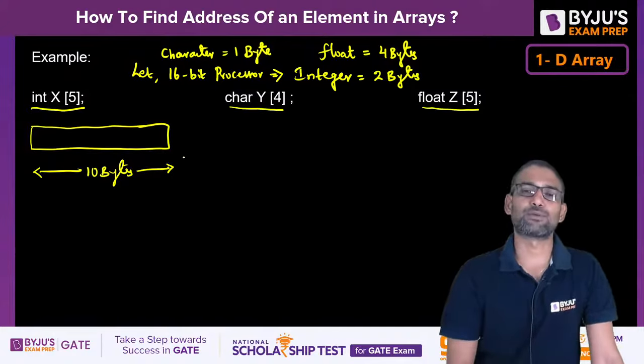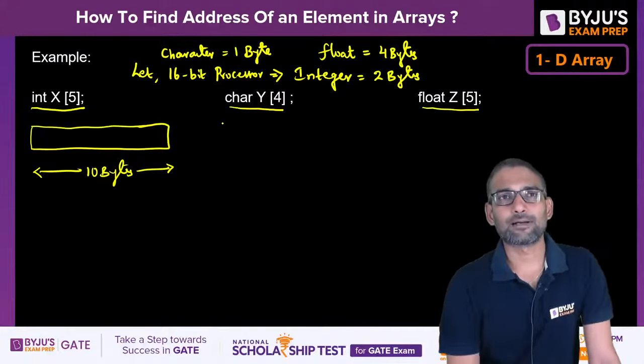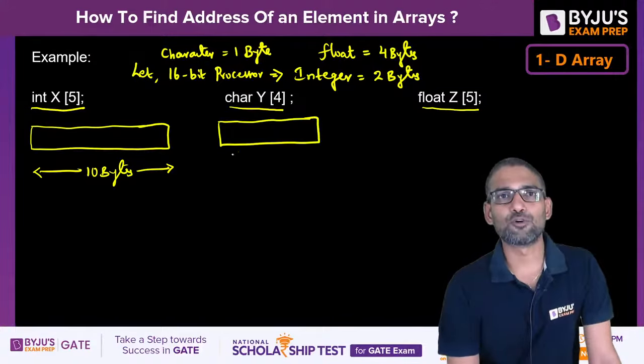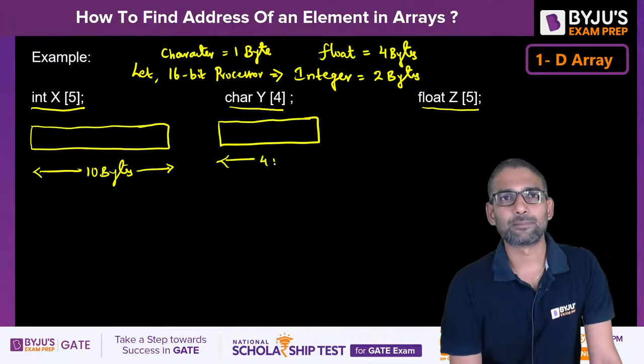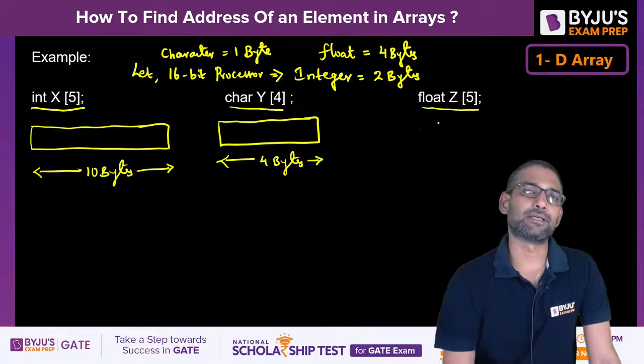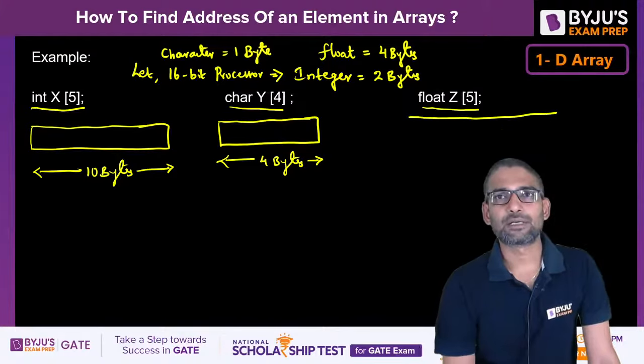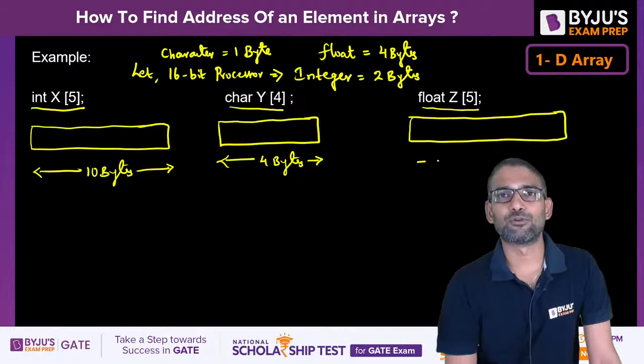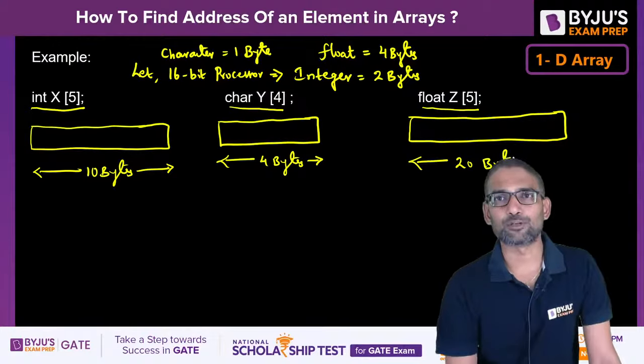at consecutive location. And as I have taken 4 character arrays, 4 into 1, 4 bytes would be allocated at consecutive location. And as I have taken 5 real number array, 5 multiplied by 4, 20 bytes would be allocated at consecutive location.